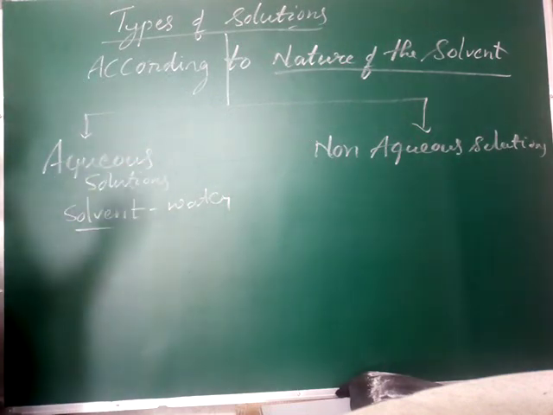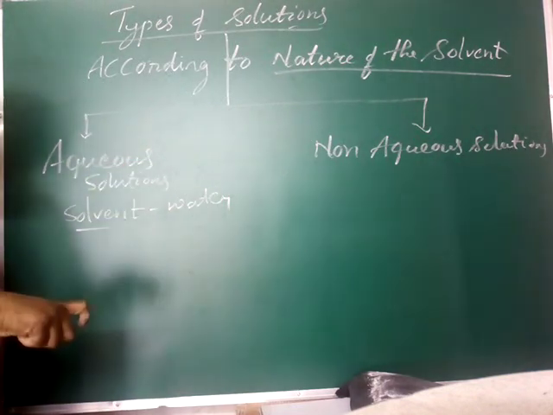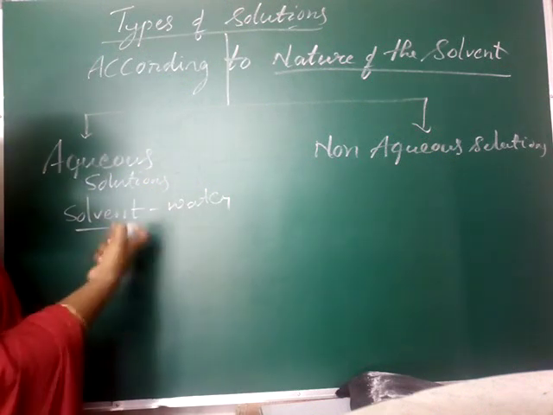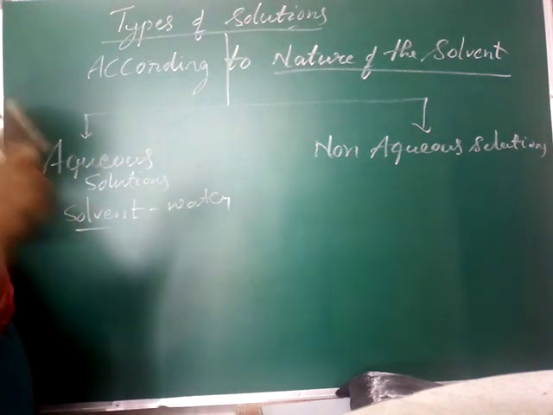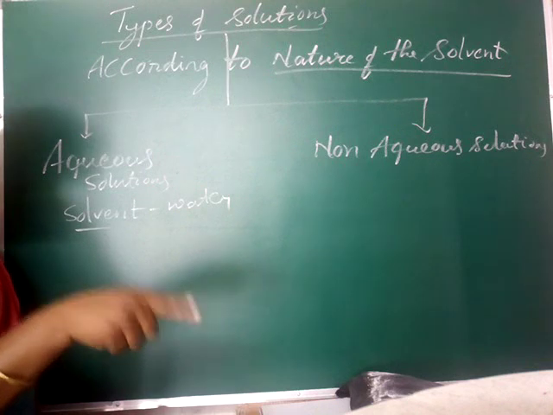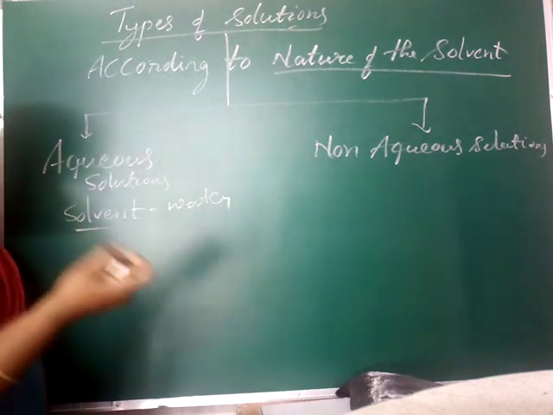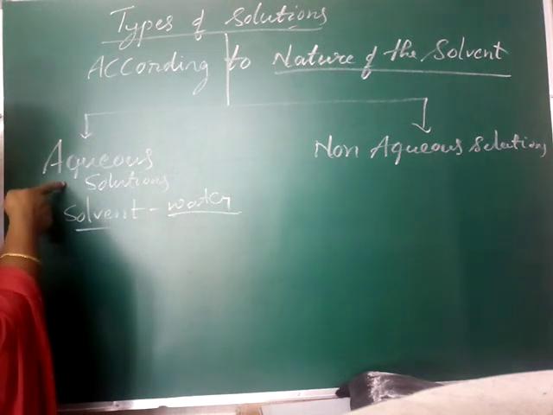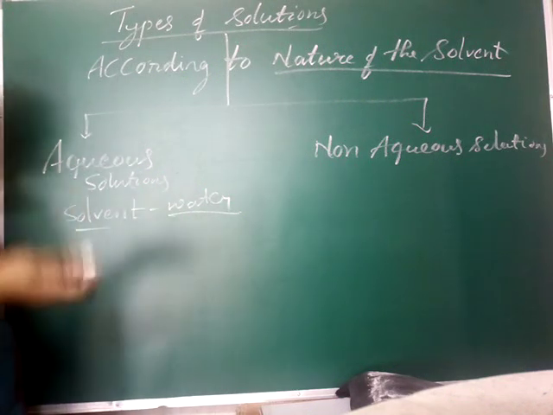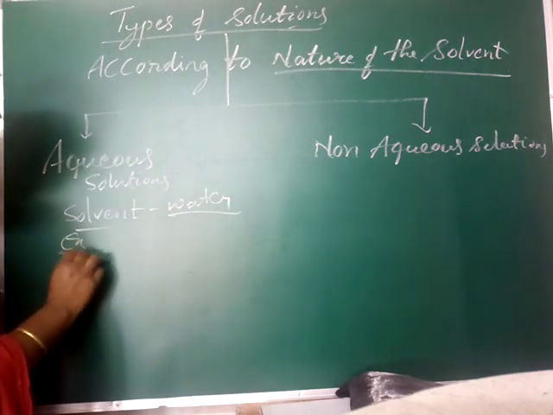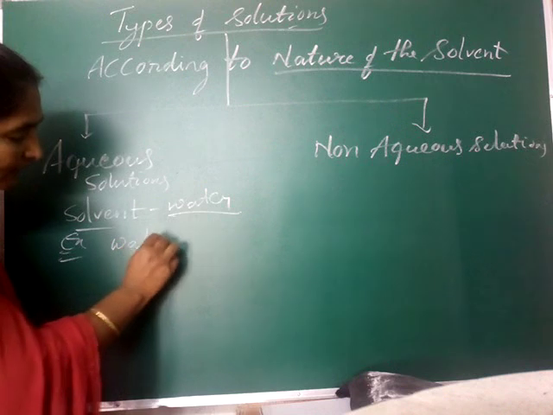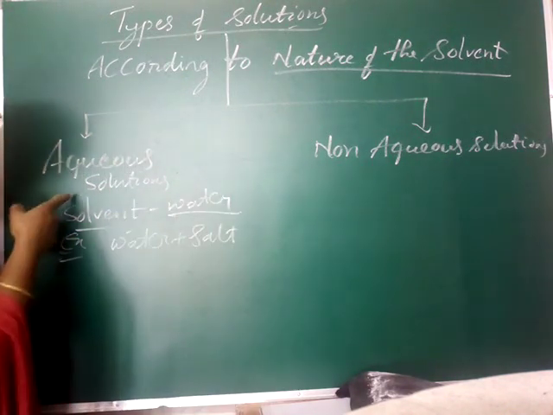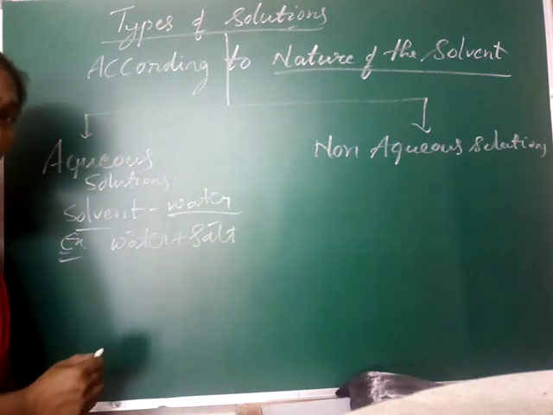And it must be a dissolving medium. Dissolving medium, that is only called the solvent. The component that is dissolved is called the solute. We know that. If the dissolving medium is water, then it is called an aqueous solution. Already we discussed the examples for this. Water plus salt: here water is the solvent, salt is the solute.